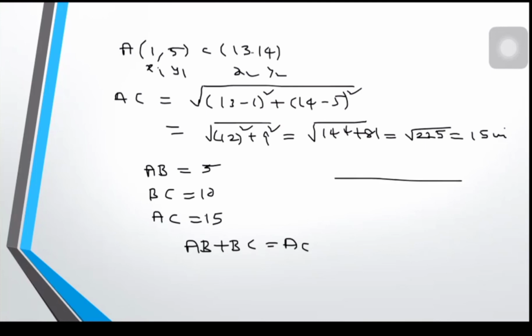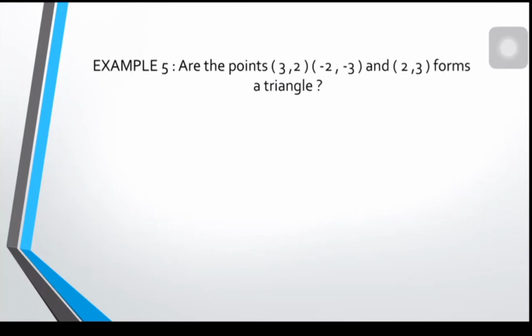The 3 points are in one line, so the given points are collinear. So the given points do not form a triangle, because the sum of any two sides of a triangle must be greater than the third side. Then only the triangle is formed.